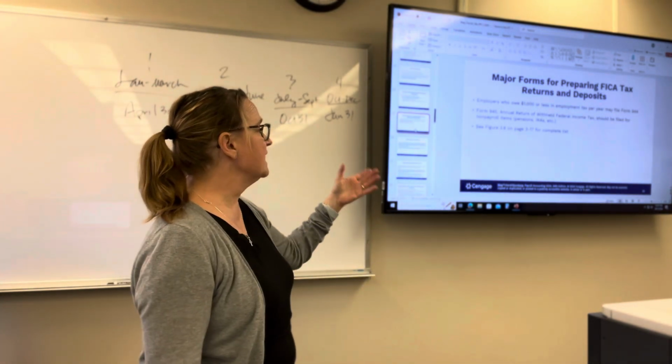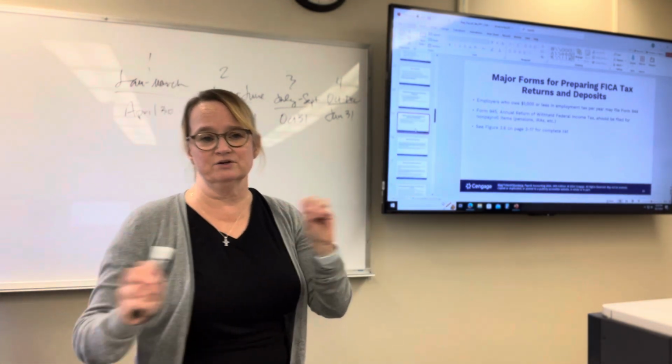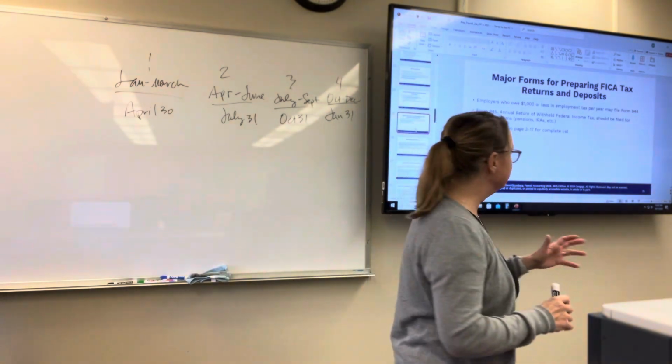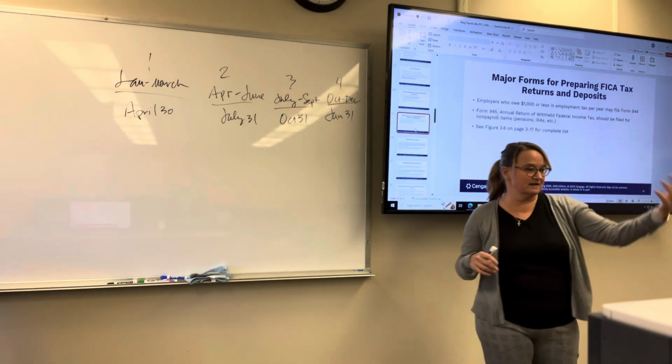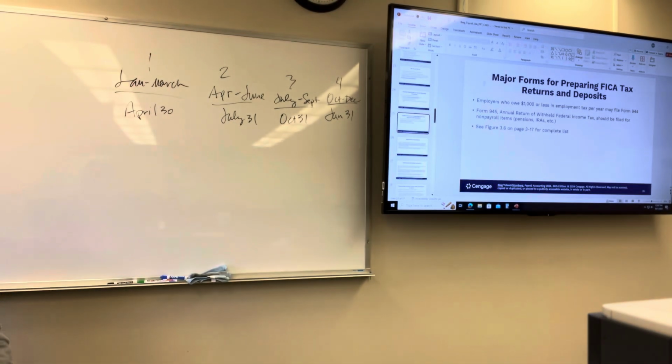There are some certain types of, and this is just kind of an FYI, there are different iterations of this form depending upon what type of income it is, and they mention here, so pensions and IRAs, they have a special form called a 945. You really don't have to worry about that. We're really just concerned for the most part about that 941 form.